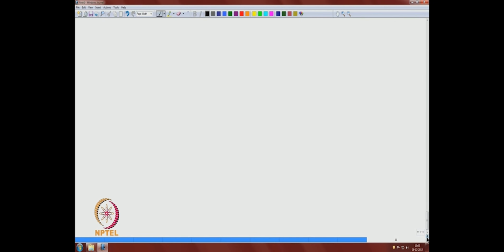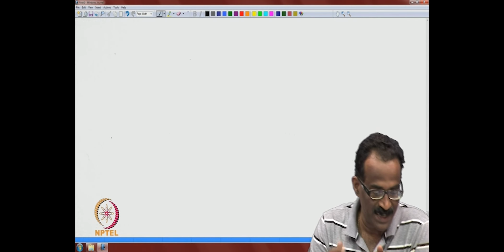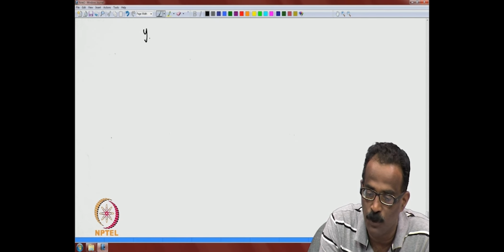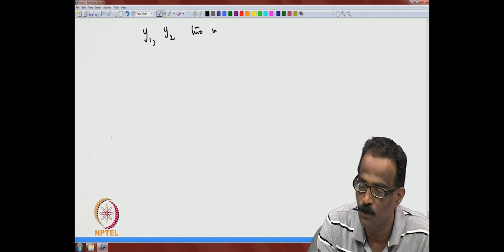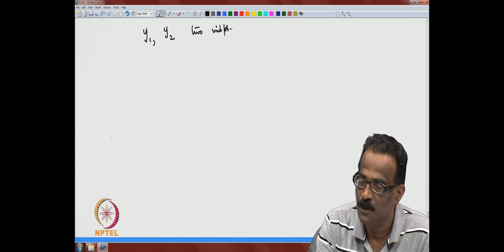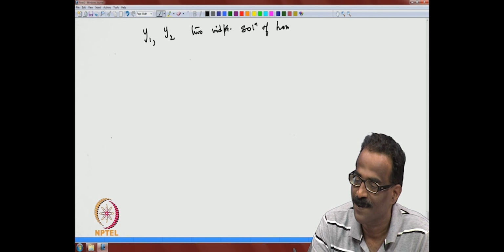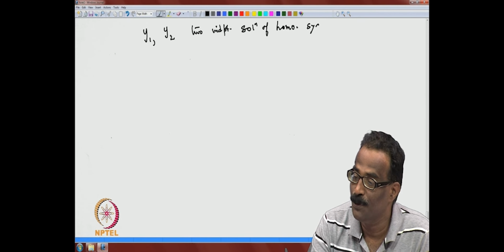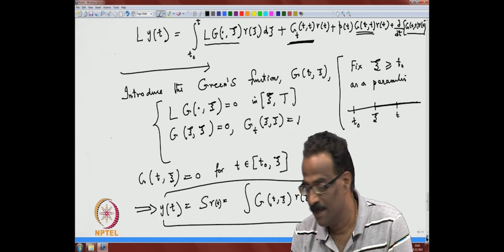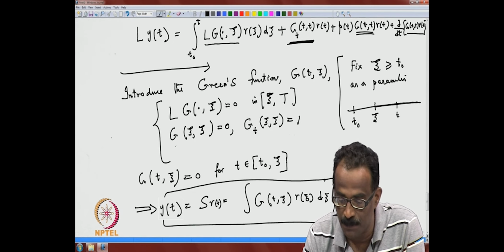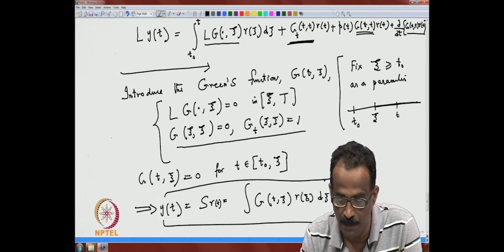In fact, one can do a computation a little more. Suppose y1, y2 are two independent solutions of the homogeneous system. Then look here: even though it is a homogeneous system, you have a non-homogeneous parameter.